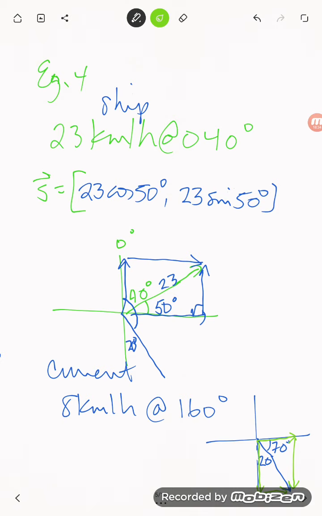Okay, so the current, let's call it C. Components are going to be, this is 8, so it's going to be 8 cos 70 degrees, 8 sine 70 degrees.